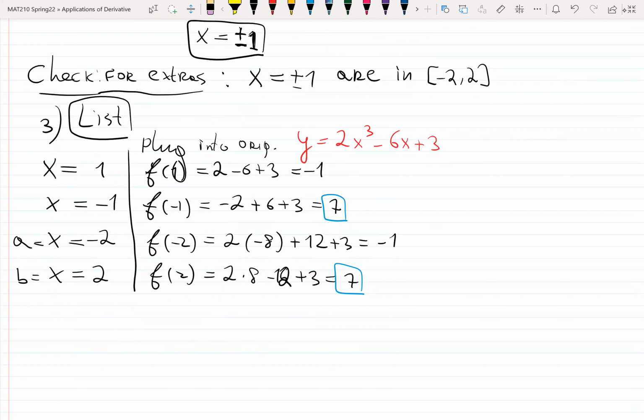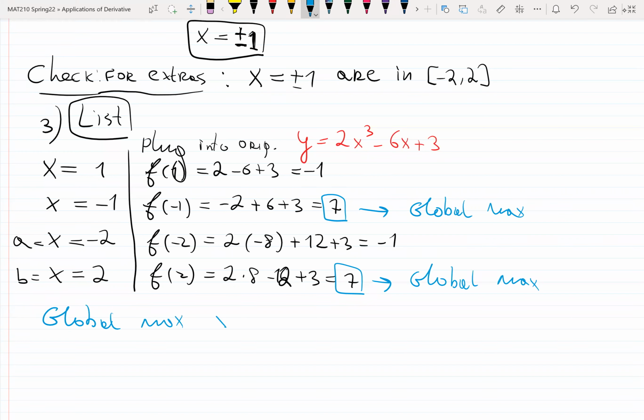So we have 2 winners for the global maximum. And you can answer now that the global maximum is happening at x comma y. Don't forget the pair. Minus 1 and 7, and 2 and 7. And we have 2 winners for the global minimum.